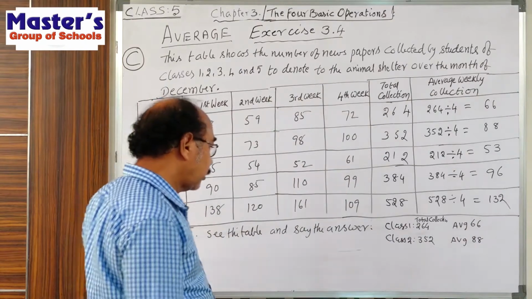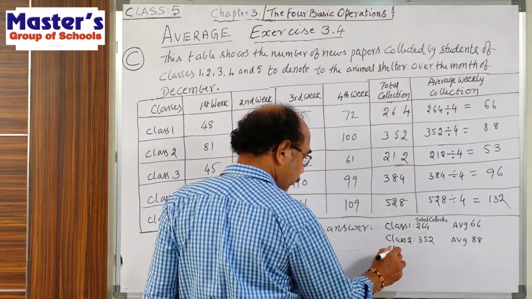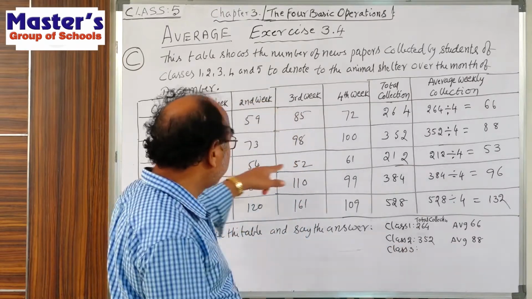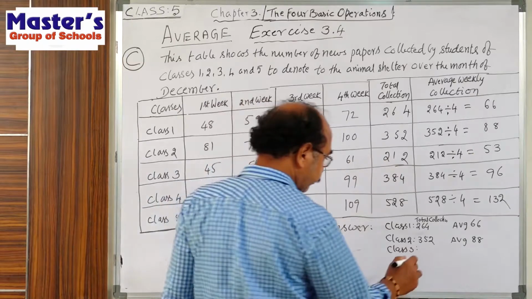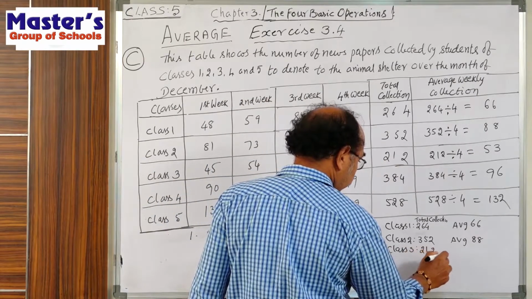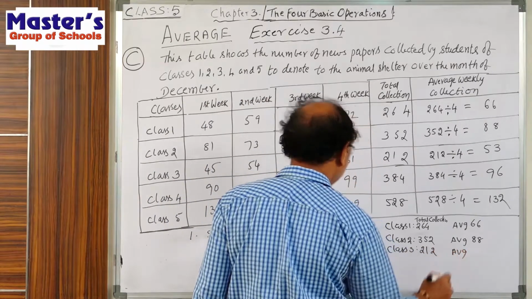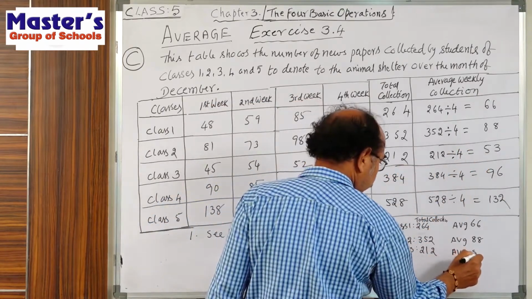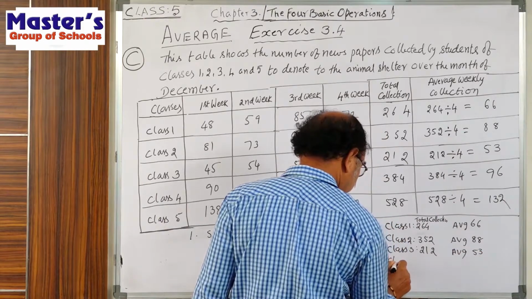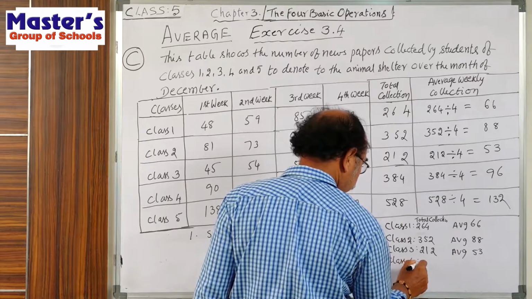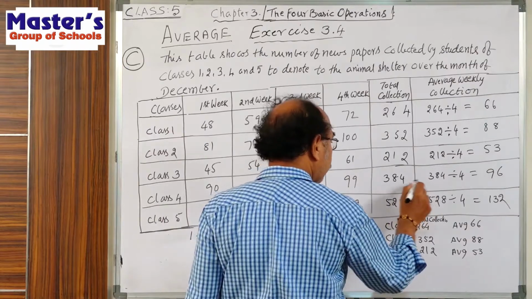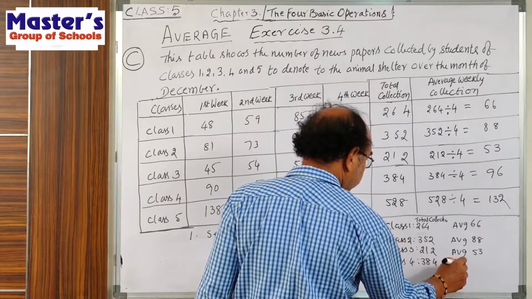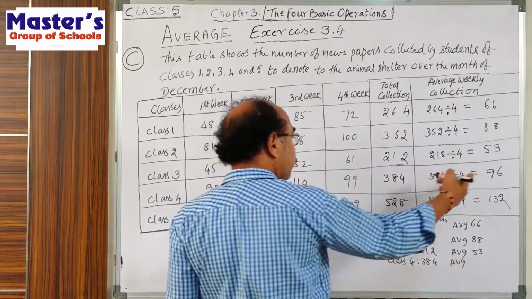Now, class 3 total collection how much? What is the average? Class 3 average is 53. Next, class 4 total collection 384. What is the average? 96.